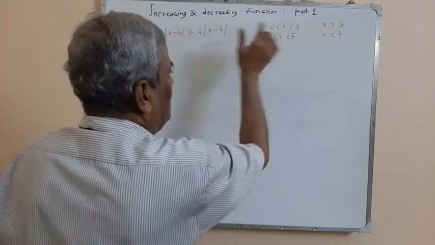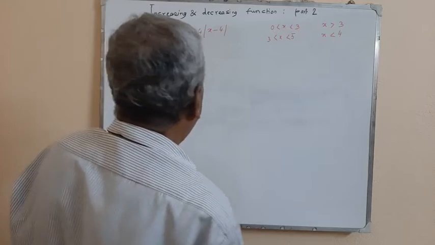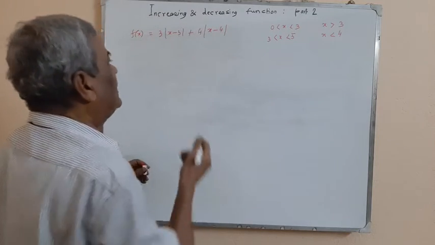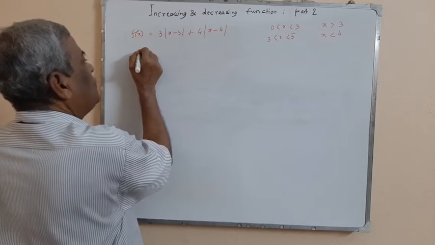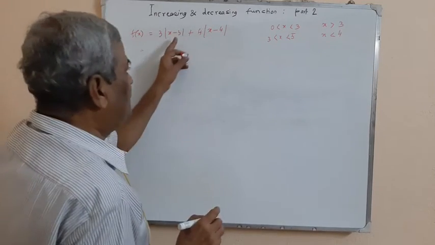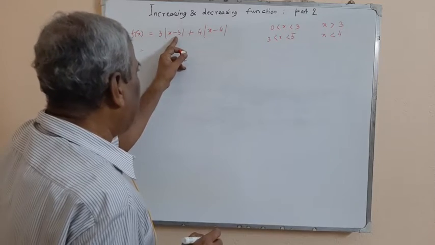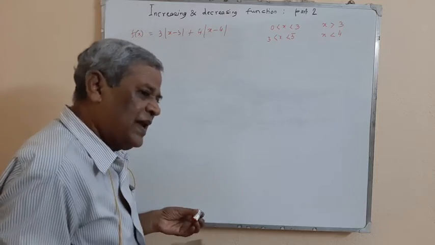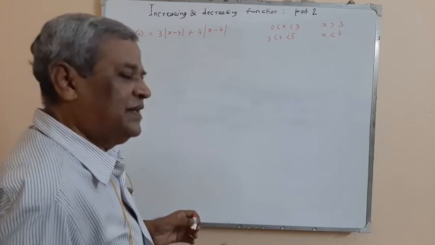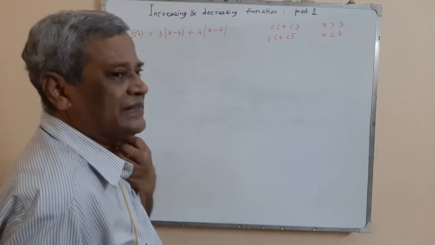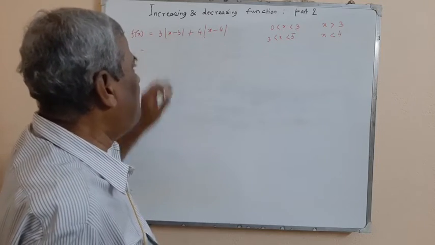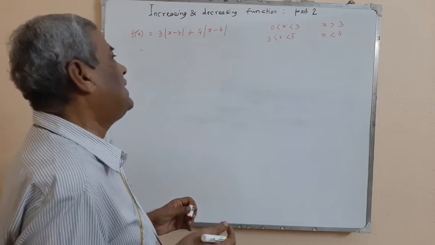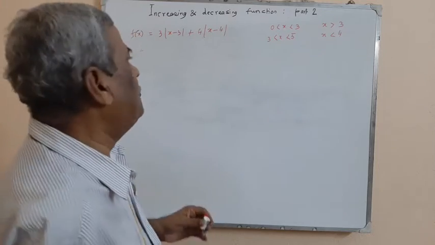Let us simplify the function. f(x) actually becomes 0 at x is equal to 3, and this becomes 0 at x is equal to 4. Let us study the function for three cases: one is x less than 3, other is x greater than 4, and third one is in between 3 and 4.